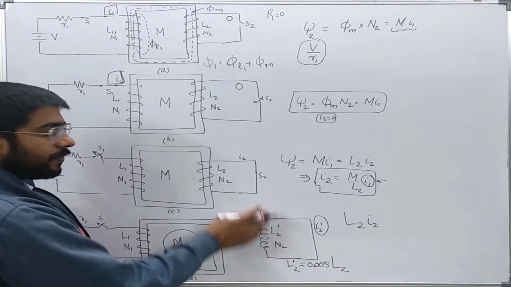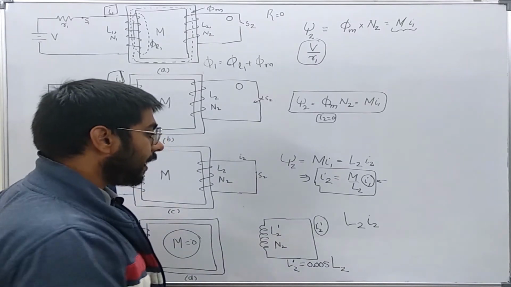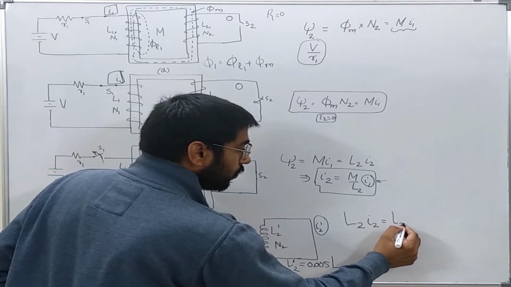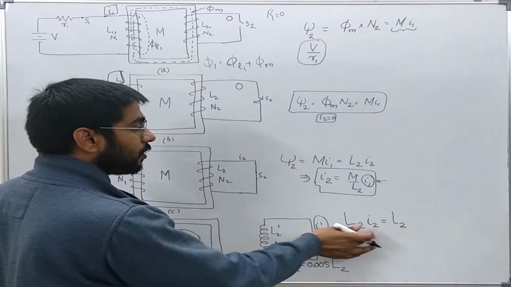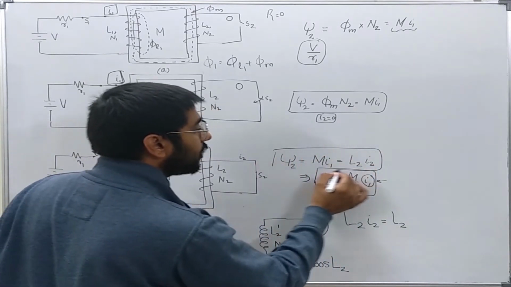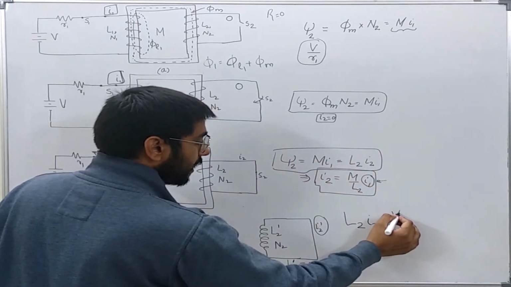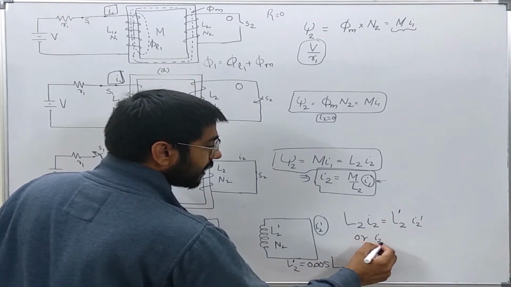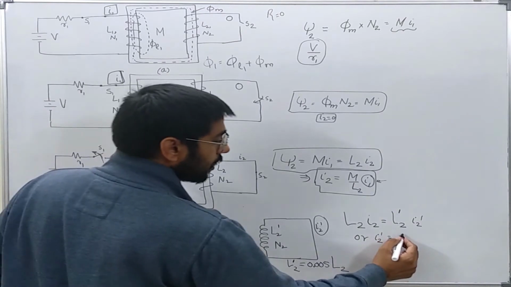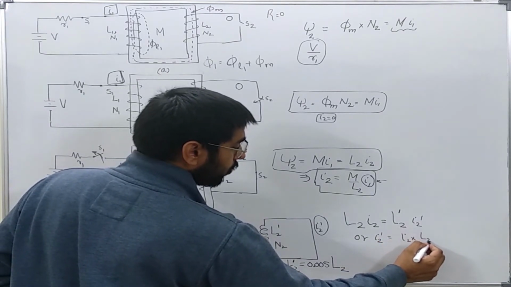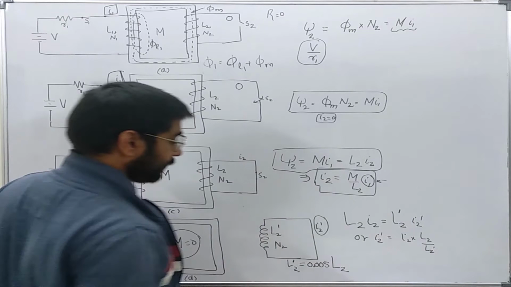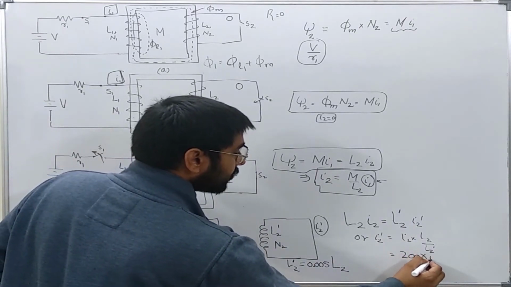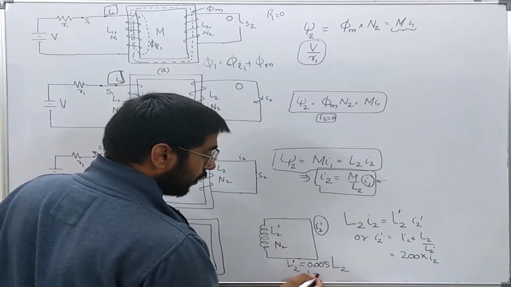Because it is in air, so its value will reduce, okay, because of increased reluctance, but it should always be equal to the initial flux linkages, because it should always remain constant according to our theorem. So L2 dash I2 dash is equal to L2 I2, or I2 dash is equal to I2 into L2 over L2 dash, or it is, for our case, 200 times I2 by putting this value.